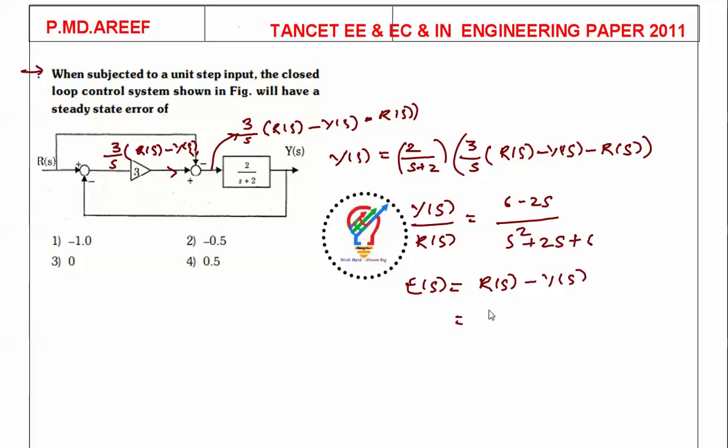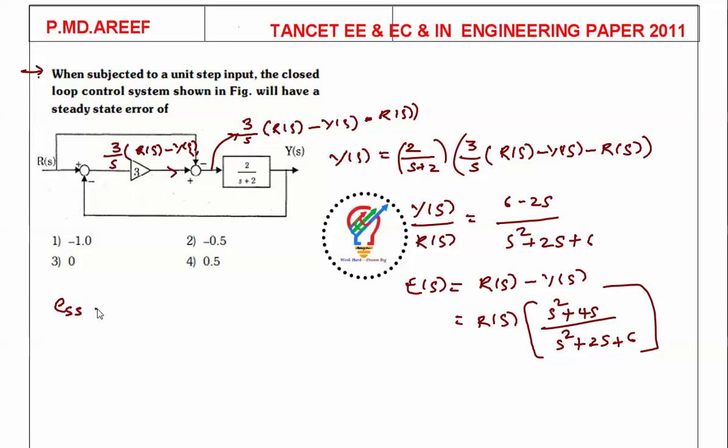R(s) you already know, Y(s) you know, right? So we take the difference here. Simplifying this, we get R(s) into (s square plus 4s) divided by (s square plus 2s plus 6). Now we need to find the error.